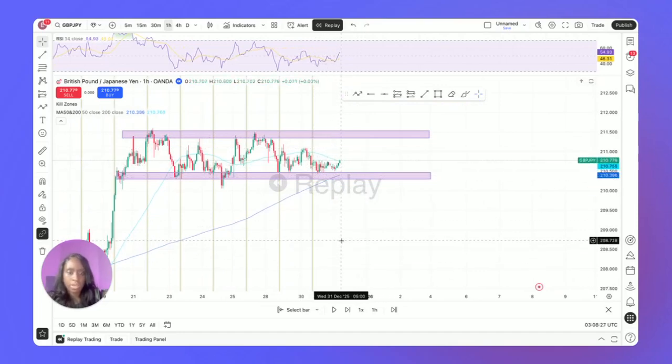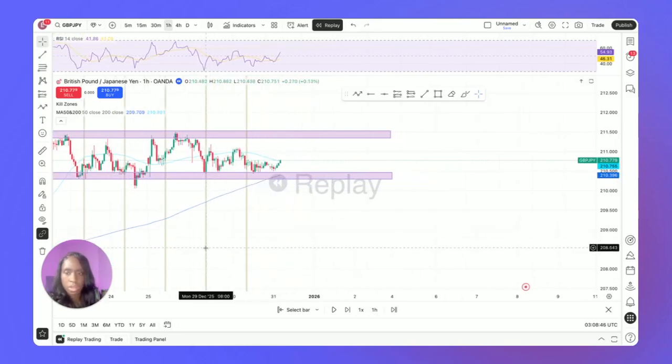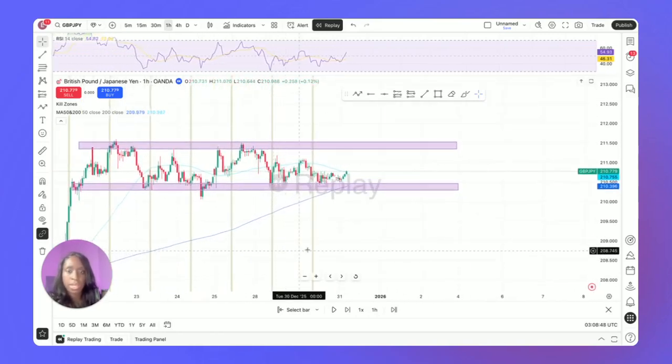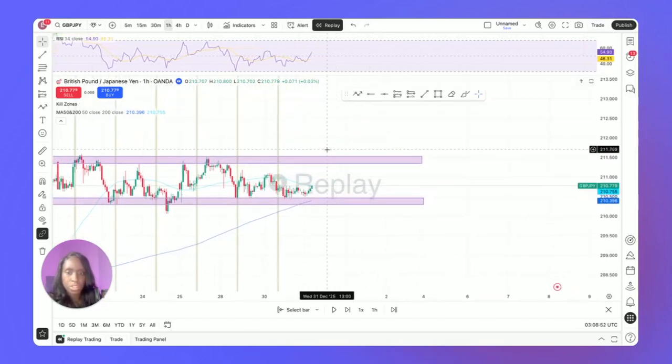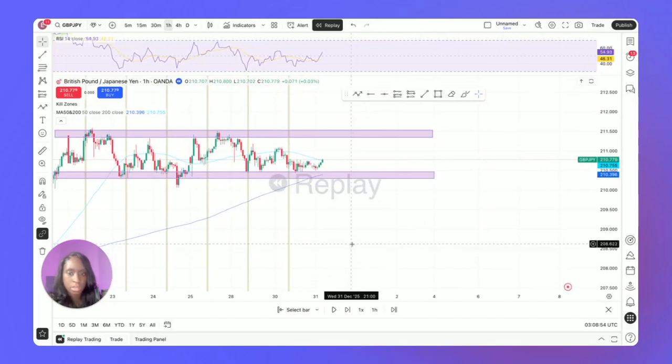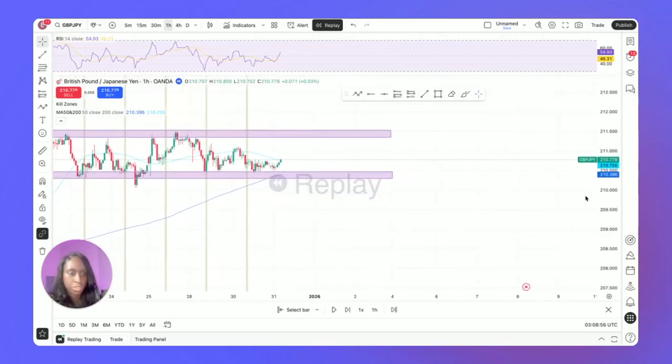Basically, that is just where the institutional big players are buying and selling. Supply, the selling pressure is high. Demand, the buying pressure is high. That is all that means. I trade supply, demand, and liquidity grabs. So perfect, we're going to backtest this to see if we can get a clear entry.